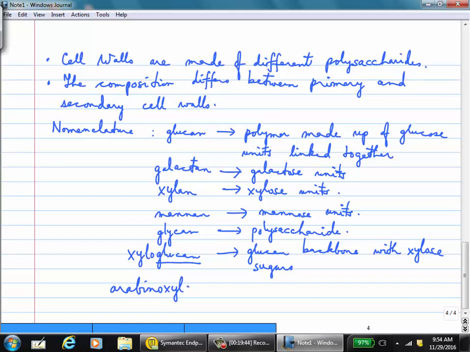It will have a backbone that is xylan, made of xylose. Xylan backbone, and then the side chains will be arabinose. Arabinose side chains.